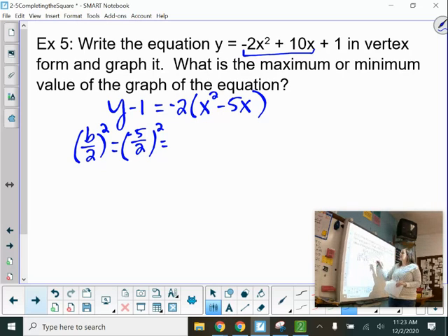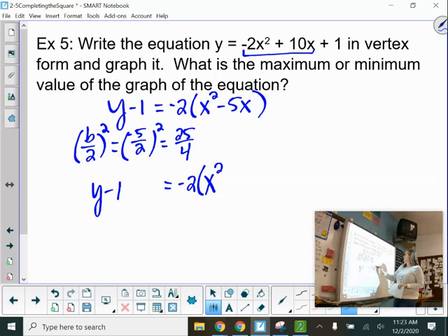So this will not reduce, but when I square top and bottom, that's going to be 25/4. I'm going to leave some space here because we factored this -2 out, you have to be careful when you're adding to the left. But I am still going to add it to the right-hand side.